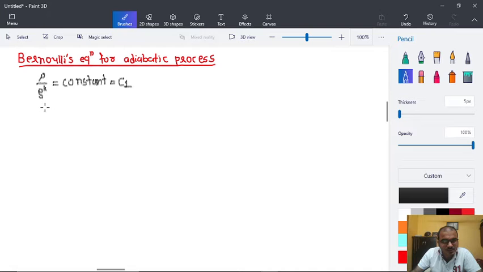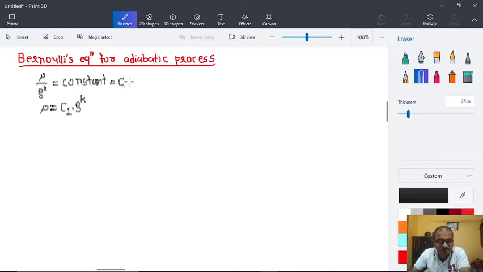So we can say that P is equal to C1 into rho raised to k. Actually we will write this as C2 to avoid confusion with our previous theorem.